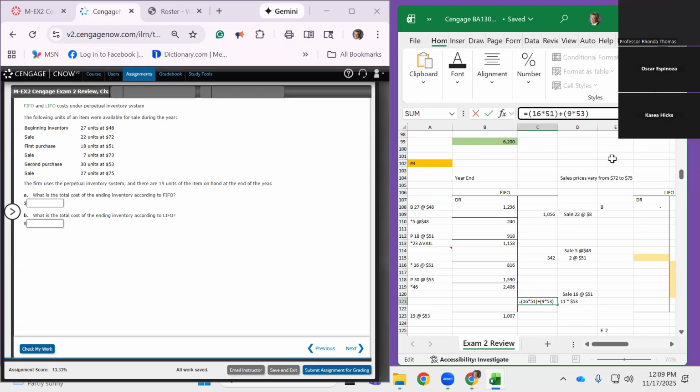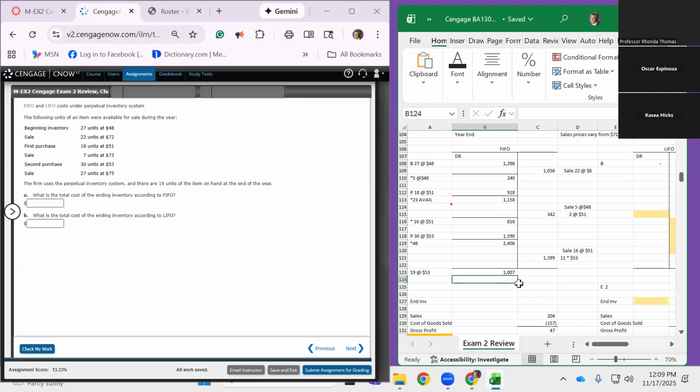It's 11 items at the cost of 53. So then let's see here. If these two add up to 46.06, that is how much there was available before this last sale. If you want to add what's ending inventory plus what we sold, yes, there it is.